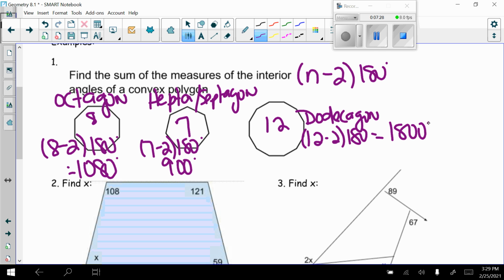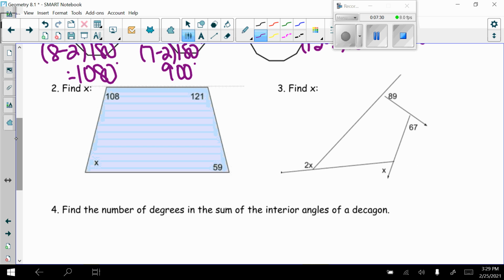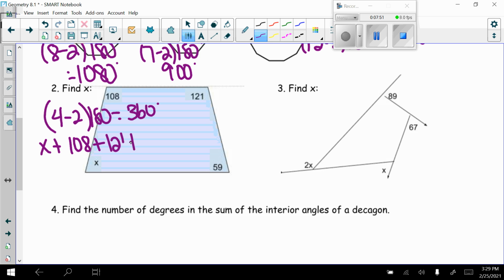So now let's look at specific ones. So number 2, find x. So I see that I have a quadrilateral. So I know that 4 minus 2, because that's 4 sides, times 180, all 4 angles have to add up to equal 360. So then we're just going to set this up. So x plus 108 plus 121 plus 59.